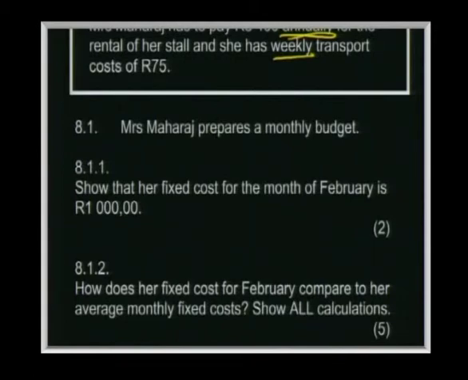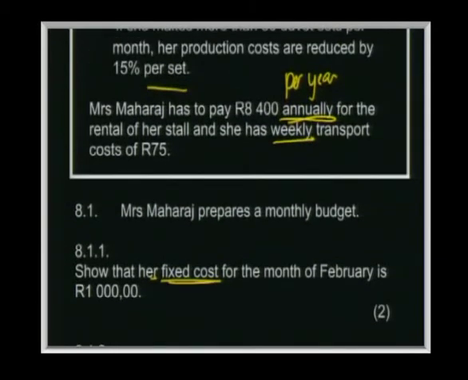8.1.1 says, show that her fixed cost for the month of February is 1,000 rand. Now let's have a look back. Her rent for her stall is going to obviously be 1/12 of this, so we need to say 8,400 divided by 12 because there's 12 months in a year.